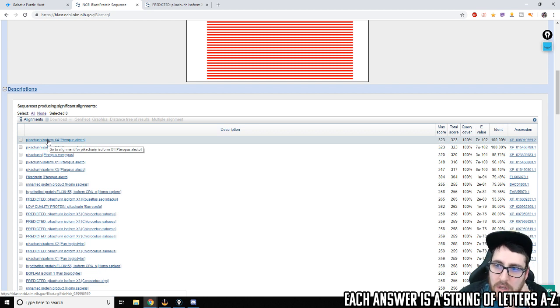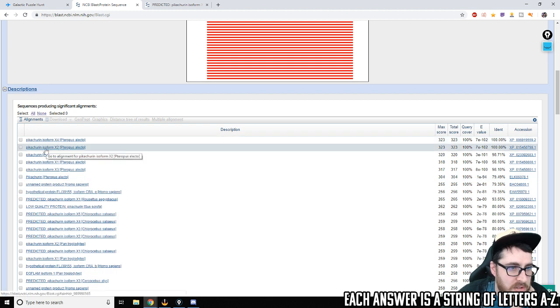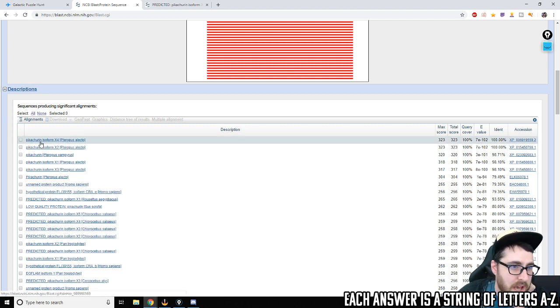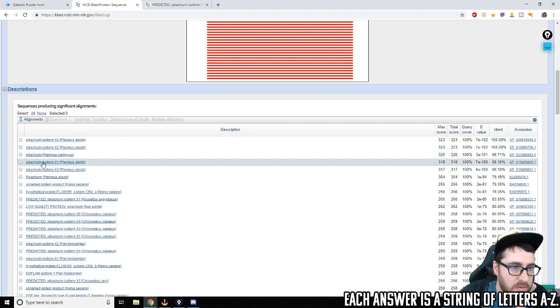X4, but then the one underneath is the X2. So the Pikachurin isoform. The first item said 100%. Does that interest you? They all say 100%. The problem is that the two that I typed in, the first two, have the same exact 100%. They're both the isoform X1, which is right here.